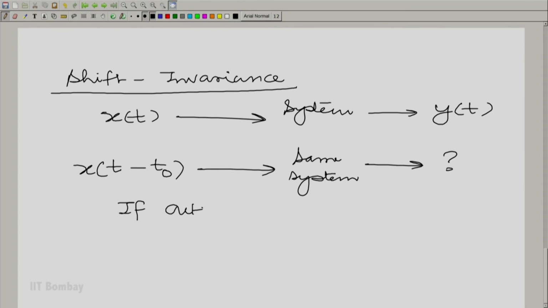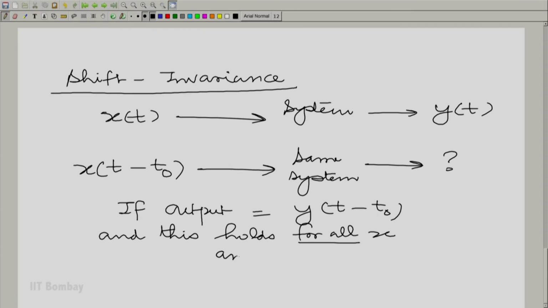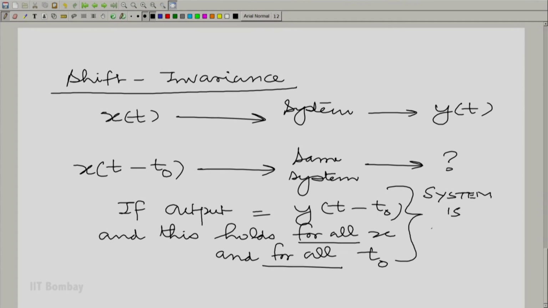If the output is equal to y(t minus t0), and this holds for all x and all t0, that is very important again. It must hold for all x and for all t0. If this is true, then we say the system is shift invariant.